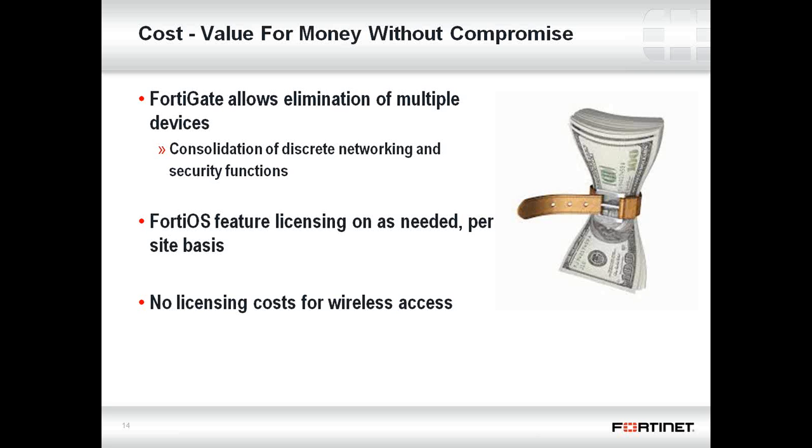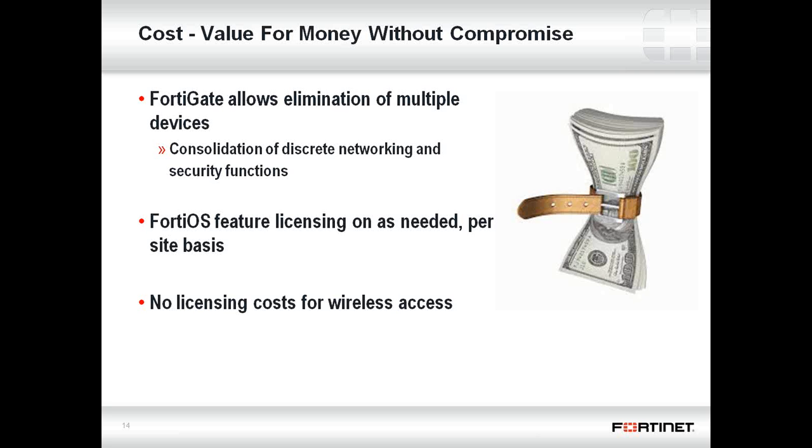Well, that thinking gets blown out of the water with the idea of connect and secure. We're eliminating those multiple devices with a single device that was going to be there anyway, the FortiGate. So right away we're reducing capital expenditure by eliminating those other devices. And if you're a large-scale distributed network, that savings ramps up very, very quickly.